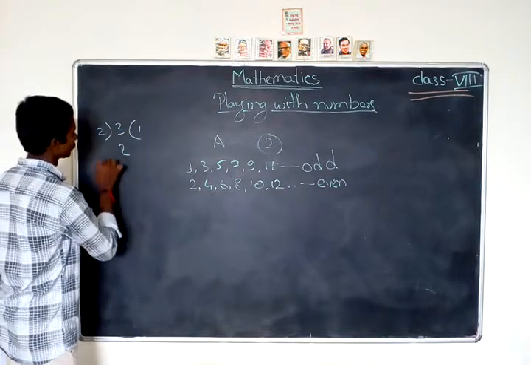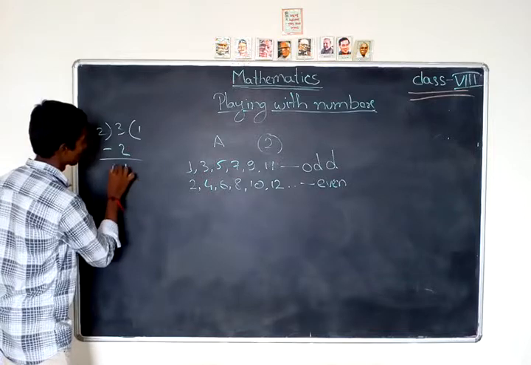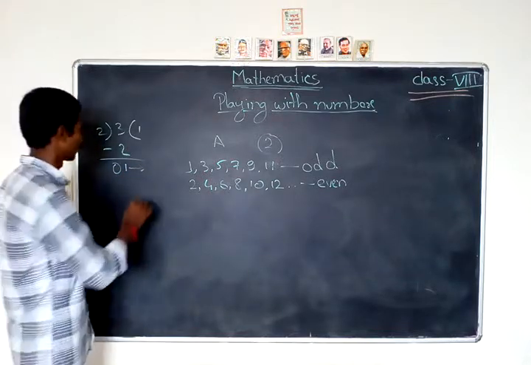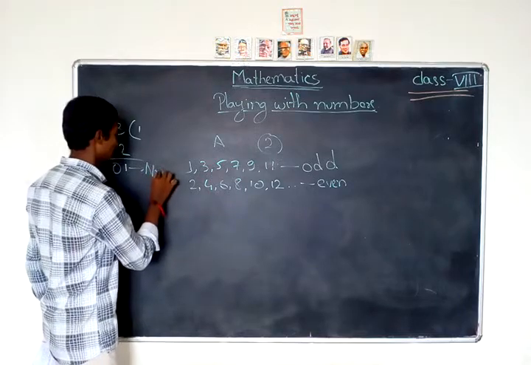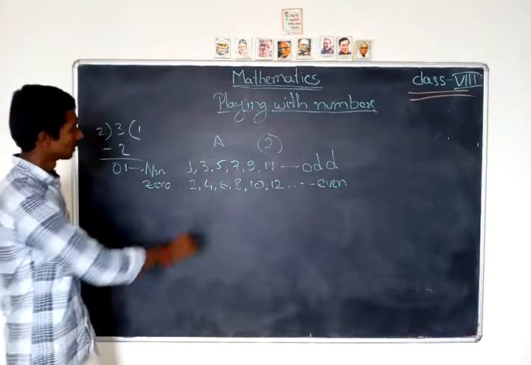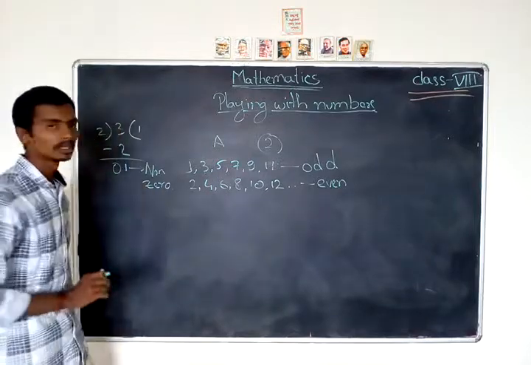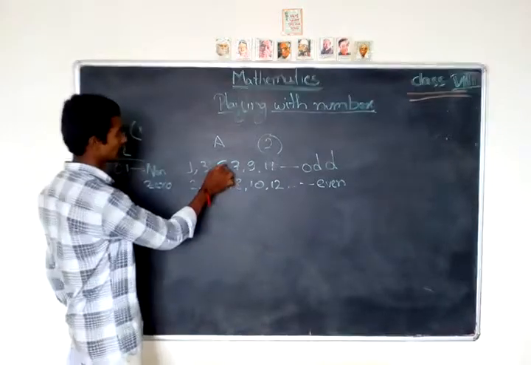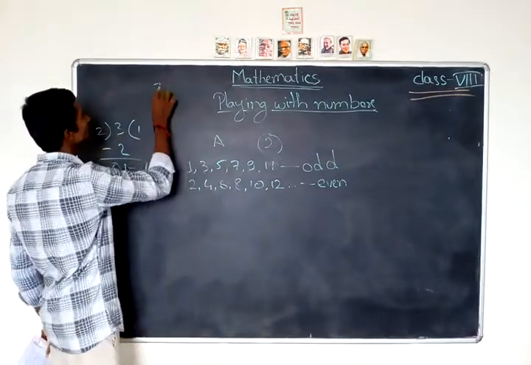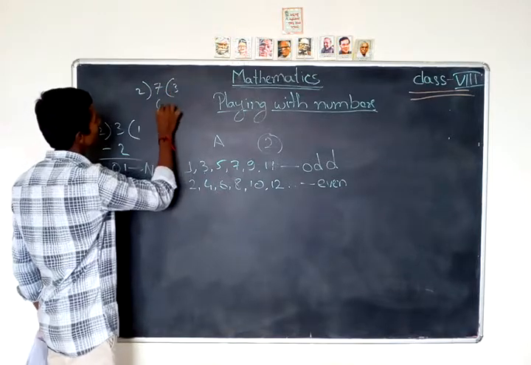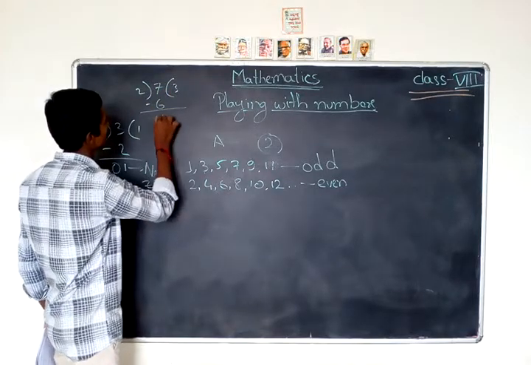2 ones are 2, and this is 1. This is a non-zero remainder. So 3 is not divisible by 2. Now let's take 7. 2 3s are 6, and the remainder is 1.